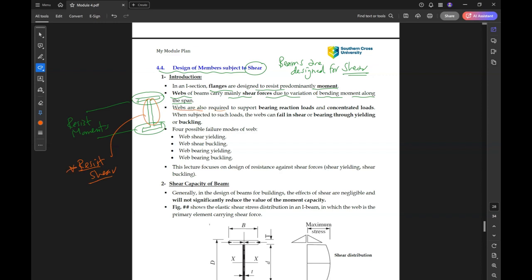Webs are also required to support bearing reaction loads and concentrated loads. When subjected to such loads, the web can fail in shear or bearing, through yielding or buckling.